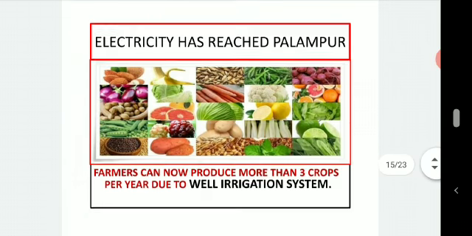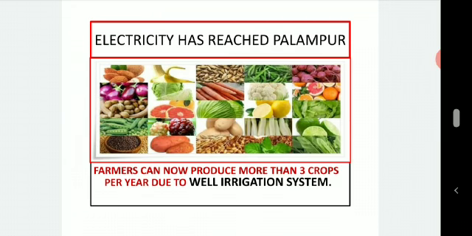This is what has happened because electricity reached everywhere, and because they have access to electric power tube wells to irrigate their fields. They now have a well irrigation system that helps them reap good crops.